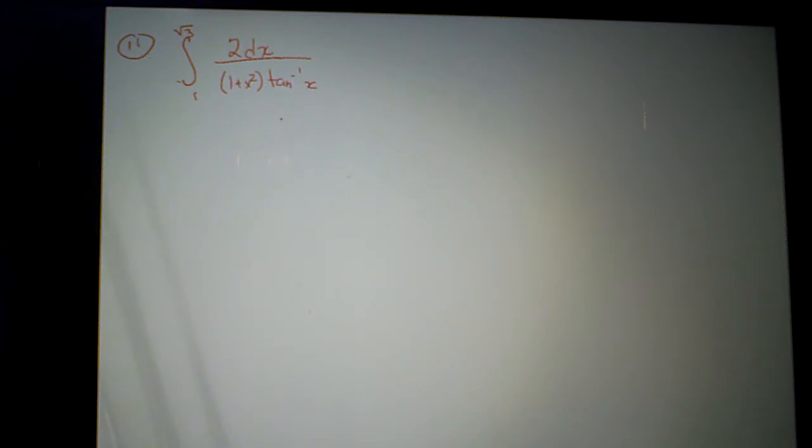But when I looked at inverse tangent, which was not my first thought, I said, well, I got nothing else, so if u is inverse tangent, what is du? 1 over 1, wait a second. Here is 1 over 1 plus x squared dx.